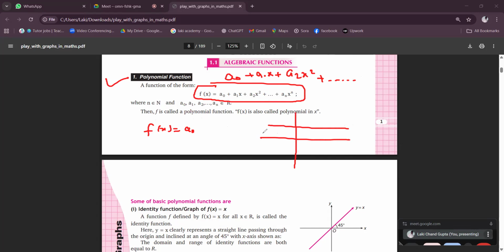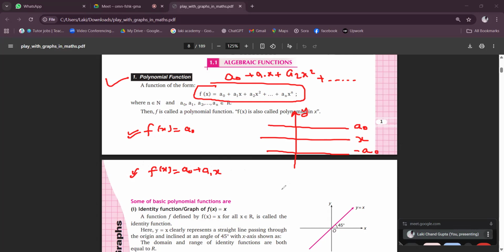If a is positive, this is x-axis and this is y-axis. If a is negative, then you will get like this, right? This is constant polynomial.